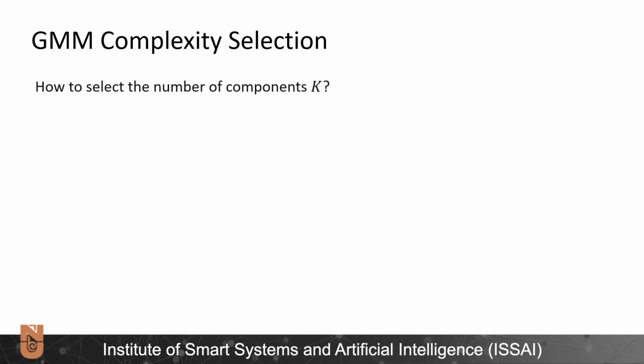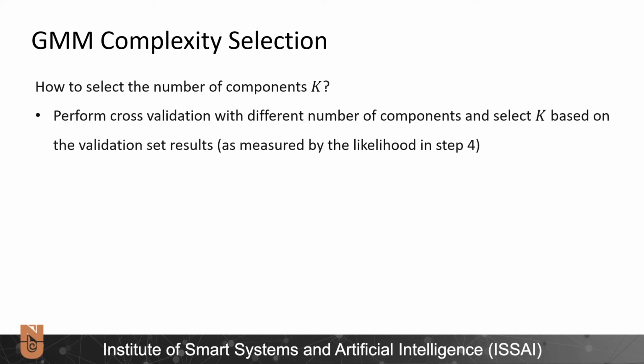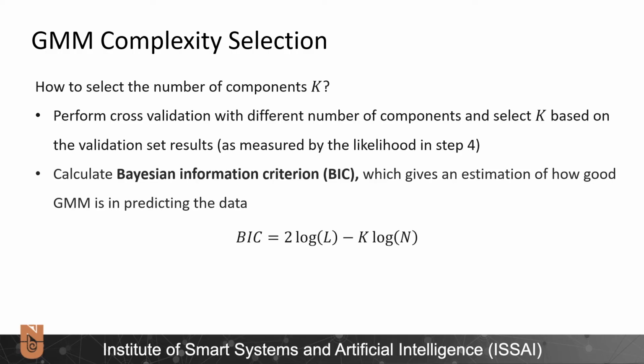While parameters mu, sigma, and omega are learned, the number of components k needs to be chosen before running the EM algorithm. The question is how to select the optimal number k. One way is to perform cross-validation with different numbers of components and select k based on the validation set results, as measured by the likelihood in step 4. Another common technique is to calculate the Bayesian information criterion, which gives an estimation of how good GMM is in predicting the data.